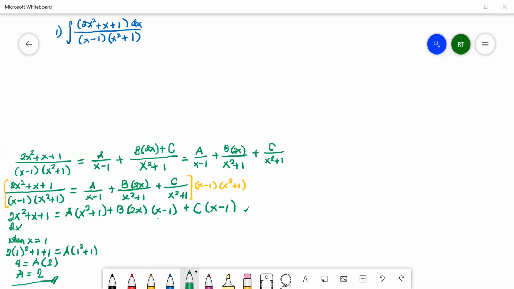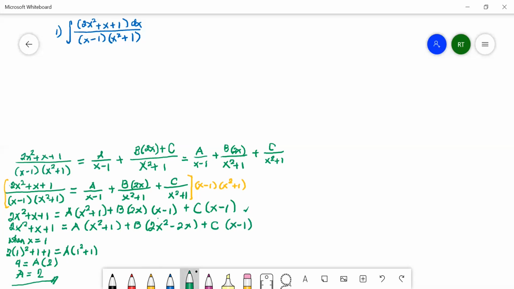So that will give us 2x squared plus x plus 1 is equal to A times the quantity (x squared plus 1), plus B times, we will multiply x minus 1 by 2x, so 2x squared minus 2x, plus C times the quantity (x minus 1).